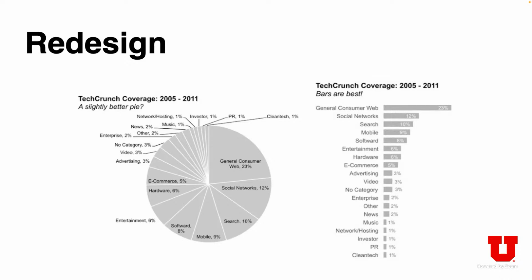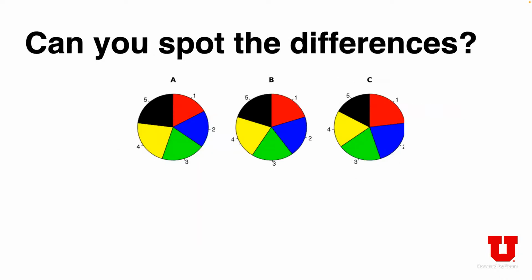It is much easier to rank them, proportionally compare them, and read off individual values from the chart on the right than the pie chart on the left. But perhaps the chart on the left is more effective at showing one share of the pie.